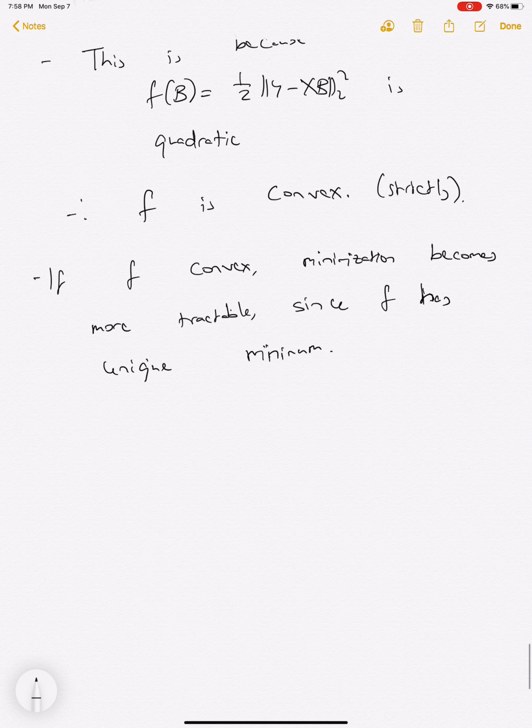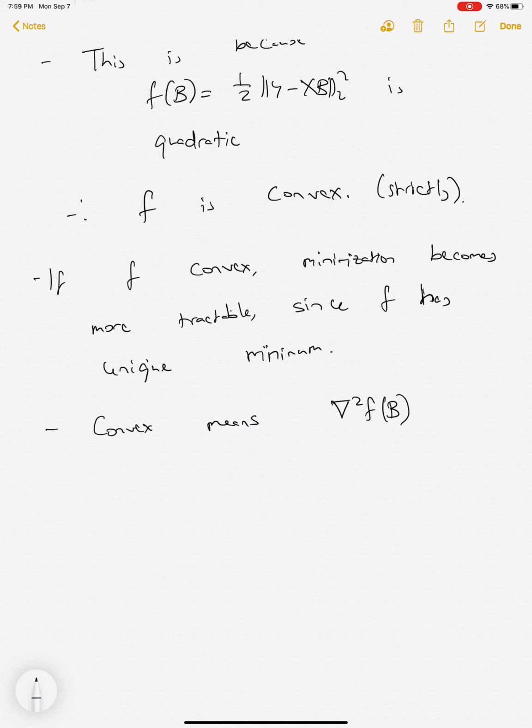And what do we mean by convex? Convex means that the Hessian matrix is greater than or equal to 0. Let's think about the Hessian matrix that we have here.